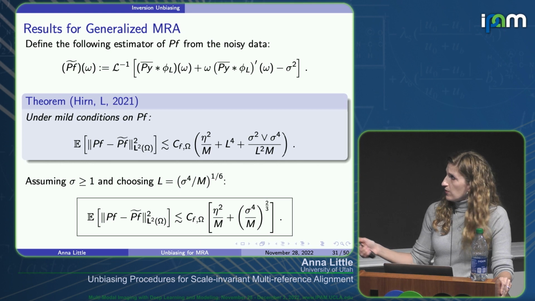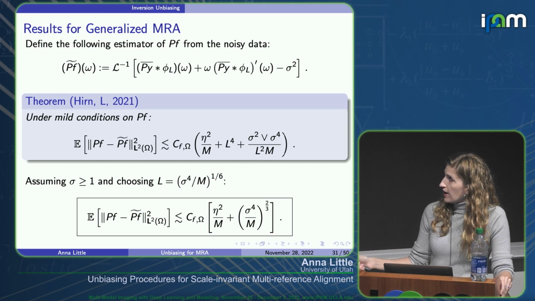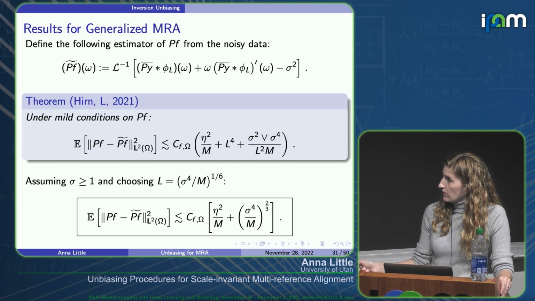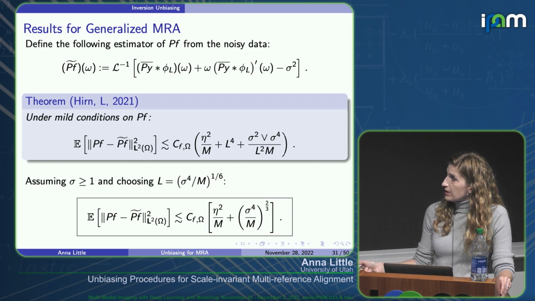If we do that, we define a new estimator of the power spectrum, this PF tilde, in the following way. This is all constructed just from the empirical mean of the power spectra, convolved with a little filter, and we construct this term, and then we apply this L inverse.